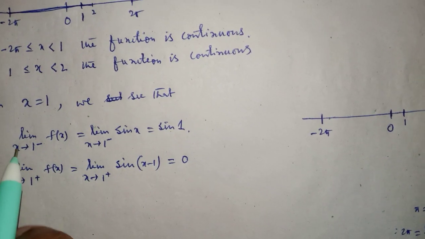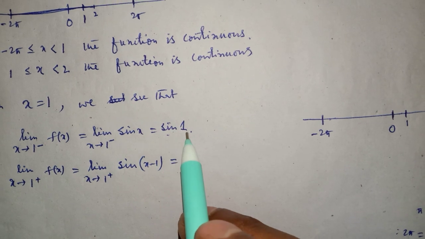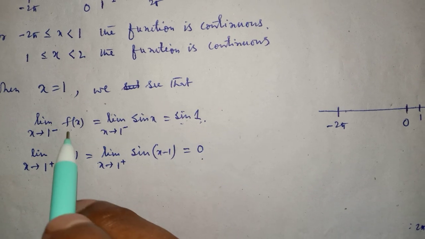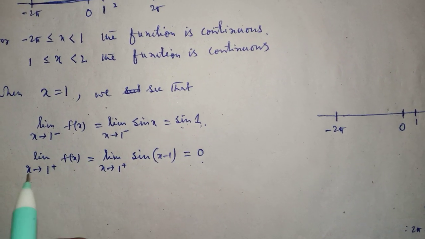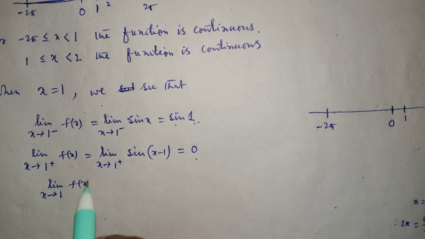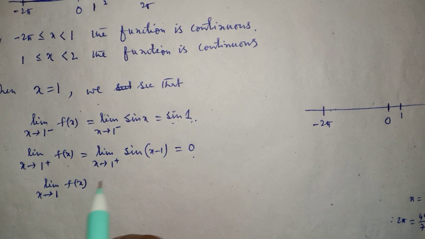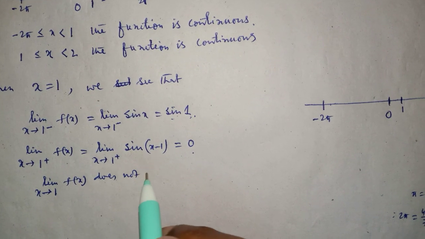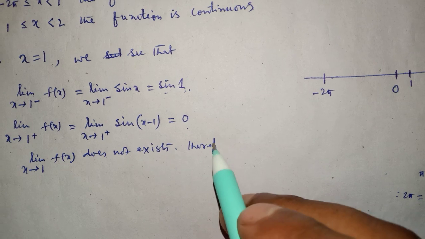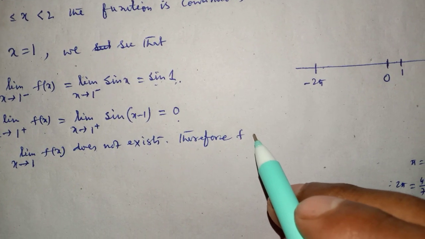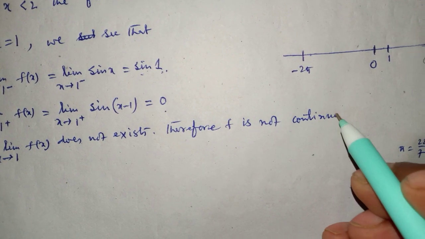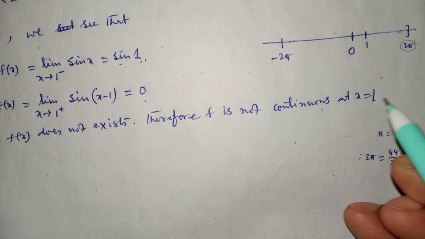So limit x tends to 1 minus f of x is equal to sin 1, and limit x tends to 1 plus f of x is equal to 0. Therefore limit x tends to 1 f of x does not exist. Therefore f is not continuous at x equal to 1.